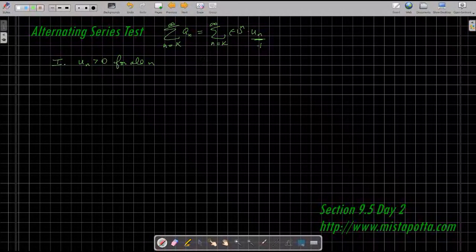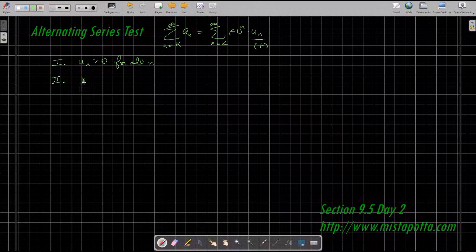This term is always going to be positive, and the sign is uniquely determined by this negative 1 to the n aspect. So u sub n needs to be positive for all n. The second thing is that these terms do need to be getting smaller.